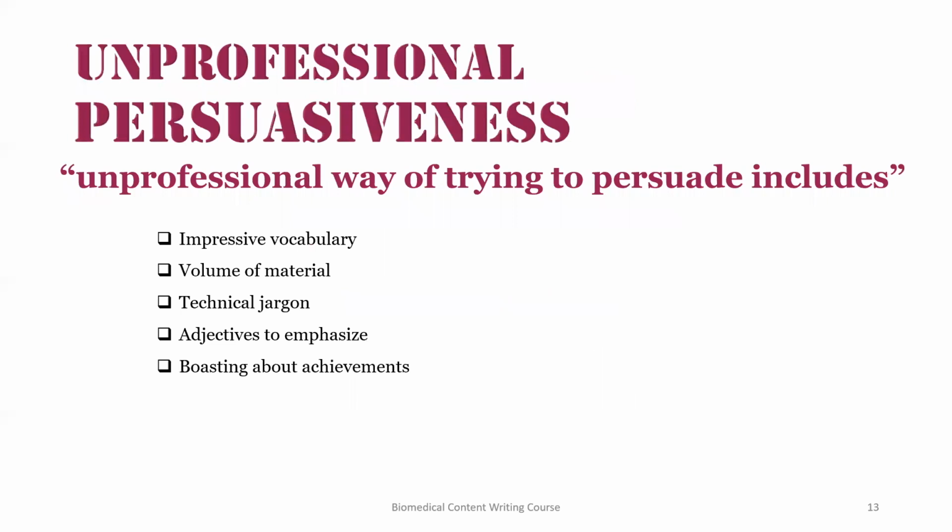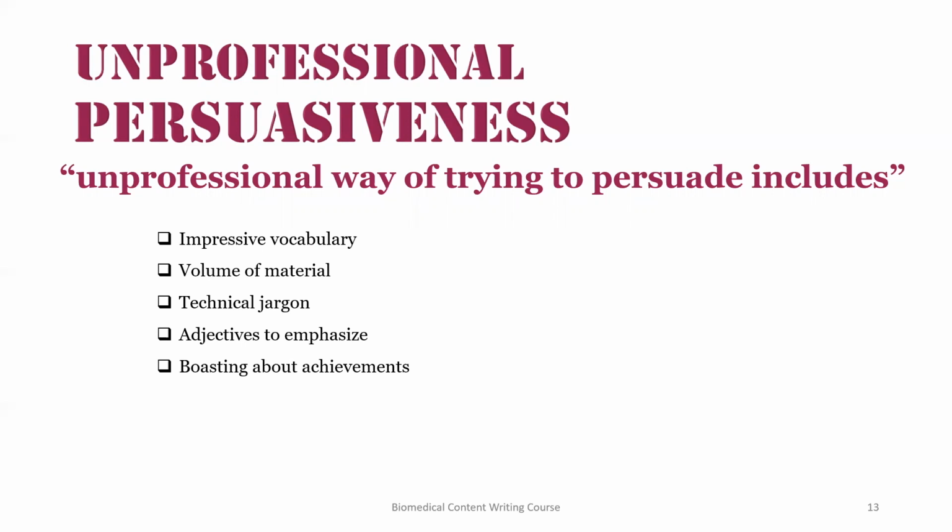Now there is one thing which is known as unprofessional persuasiveness. The unprofessional way of trying to persuade includes, first, impressive vocabulary, because by adding impressive vocabulary, you cannot imagine that the person is going to like your writing.